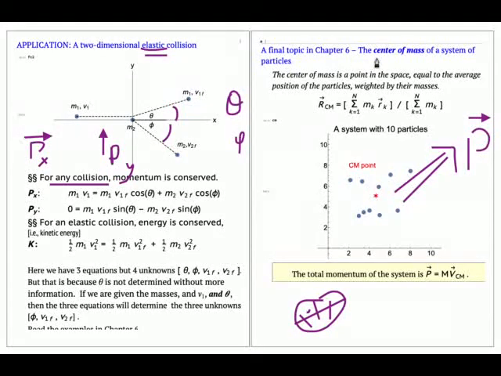So center of mass is a kind of geometrical concept, which is useful when you have a system with many parts. And there'll probably be some Lon Kappa problems where you have to calculate the center of mass of some object. Suppose you have a sphere.